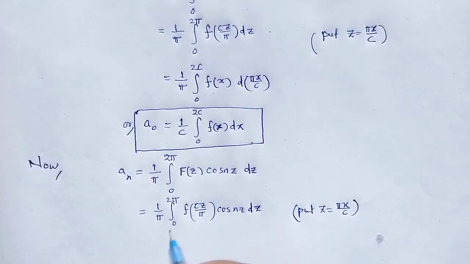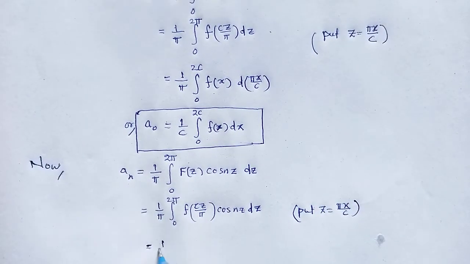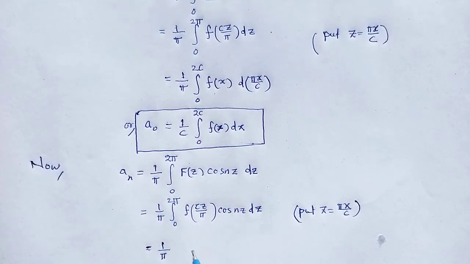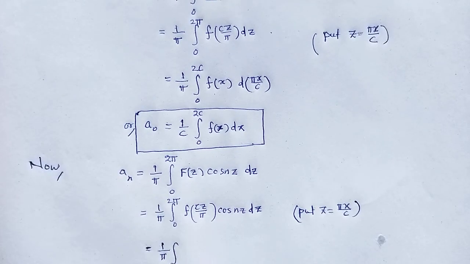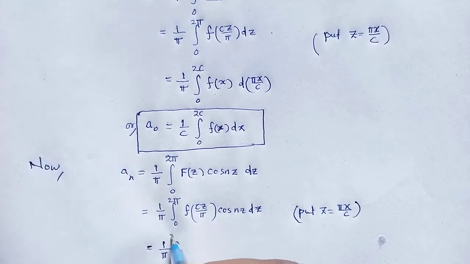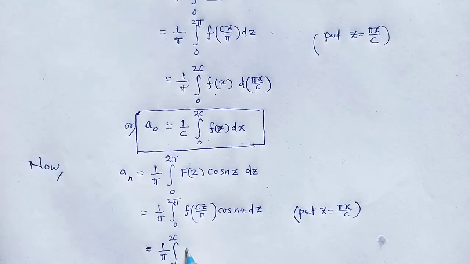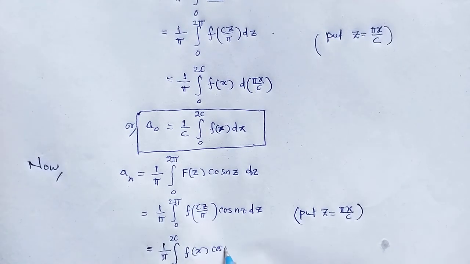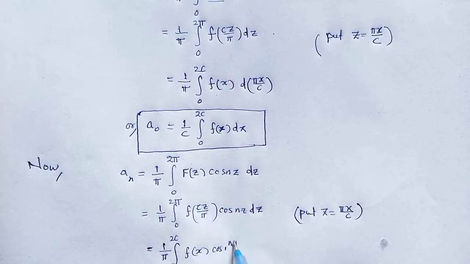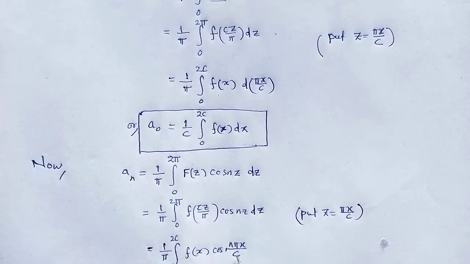Then again the limits change to 0 to 2c, and it is f of x cos n pi x by c, with d of pi x by c.